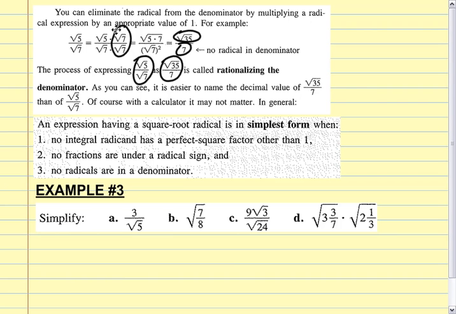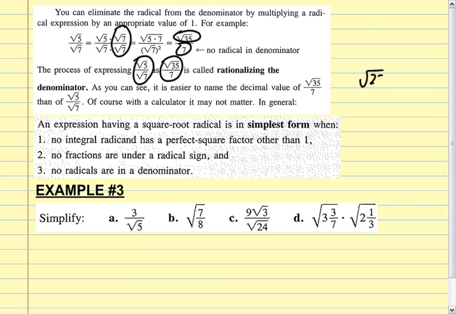Now, it says, an expression having a square root radical is in its simplest form when? We talked about simplifying these things. This is when we know it is simplified. No integral radicand has a perfect square factor other than 1. What does that mean? Here's what it means.